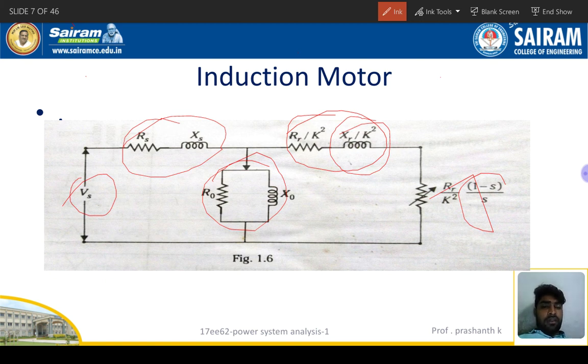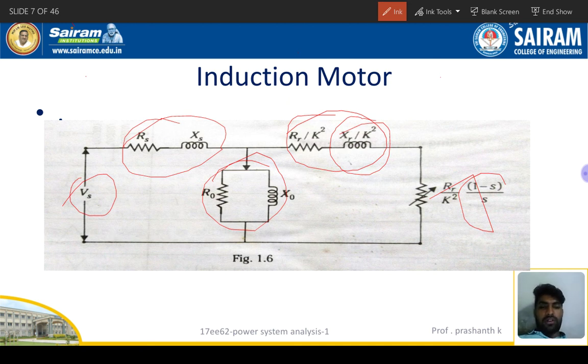Don't confuse slip with the induction motor working. Slip is the relative motion between the rotating magnetic field, whatever Ns is rotating inside the stator periphery, and the rotor speed.